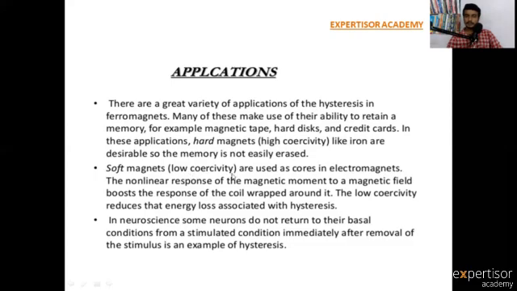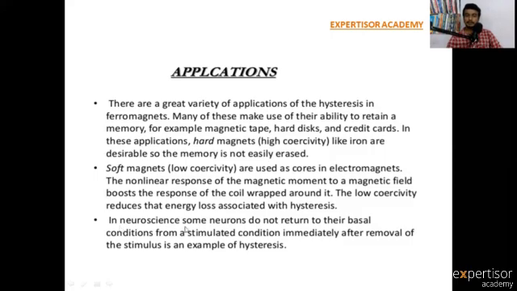Soft magnets, with low coercivity, are used as cores in electromagnets. The nonlinear response of the magnetic moment to a magnetic field boosts the response of the coil wrapped around it. The low coercivity reduces the energy loss associated with it.